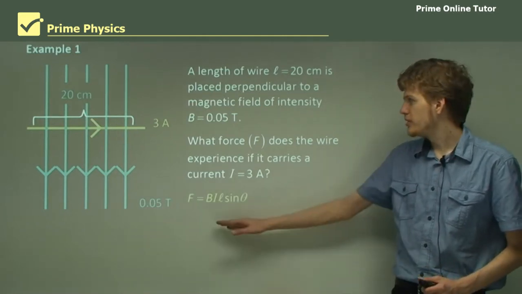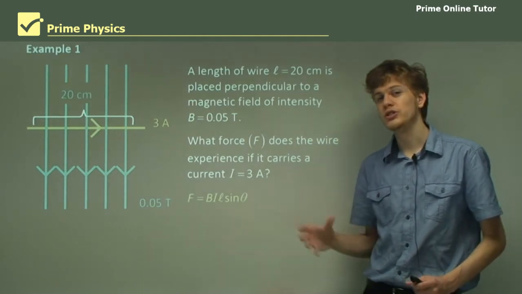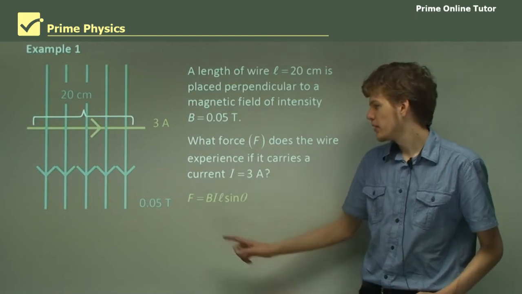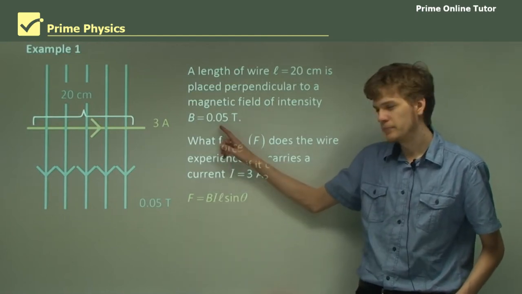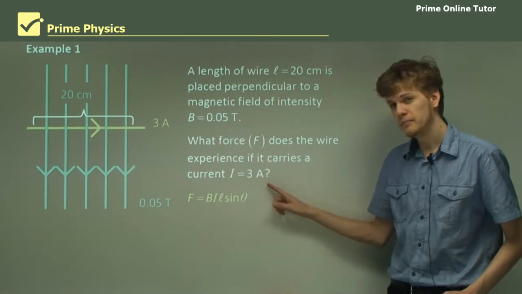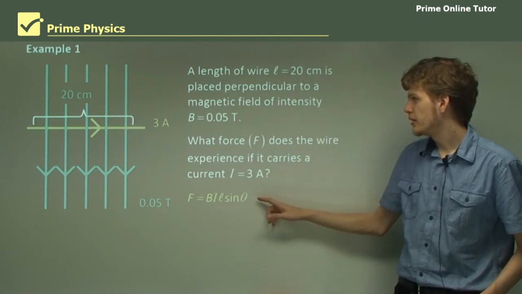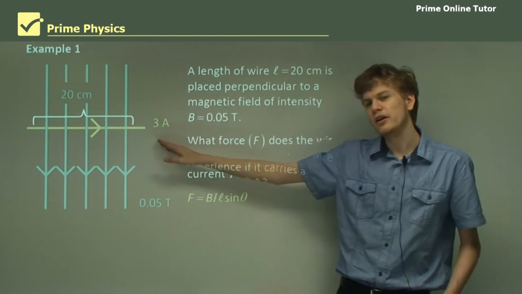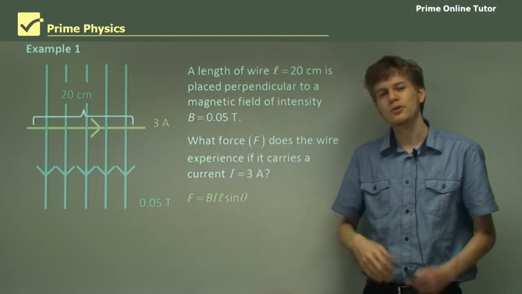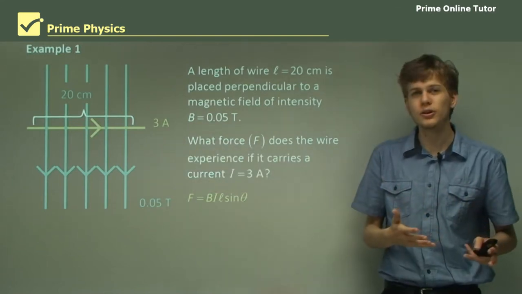So here's the equation from before. All we need to do is substitute in our numbers. So B is given here, I is given here, L is up the top, and theta is going to be 90 degrees, right? Because we've got the wire perpendicular to the field.